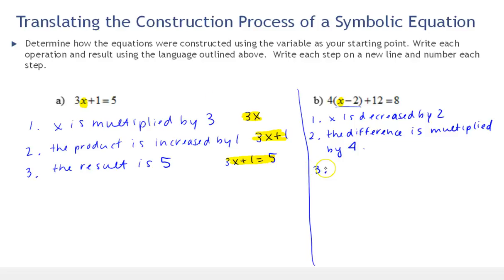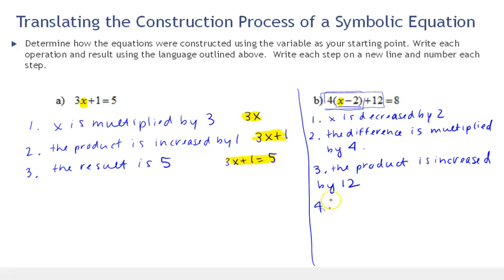Now our third step, after all of this, is we would add 12. Since the difference was multiplied by 4, this result is the product. So we say the product is increased by 12, and that gives us the entire left-hand side of the equation.